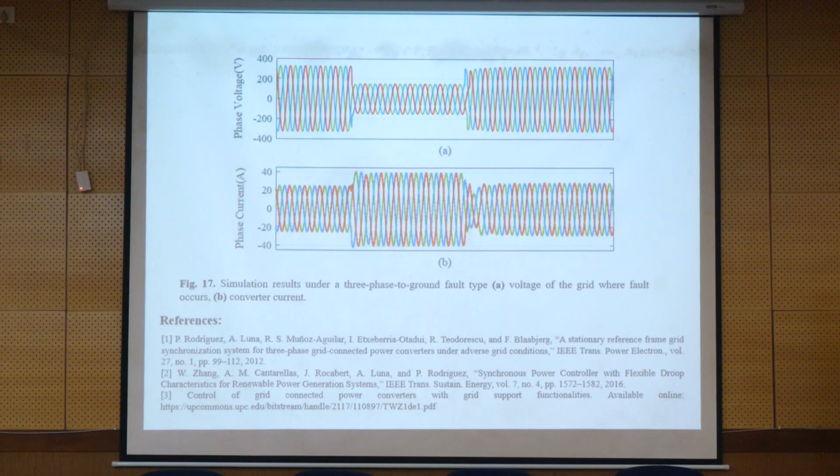These types of problems will appear in the future grid. But the good news is that if we increase the inertia of the grid, although we have too many problems, we also have enough energy to damp them. As long as generation and consumption are balanced, and the system has enough inertia, then we can say that our system is somehow secure. We cannot guarantee it, but it's somehow a secure system.